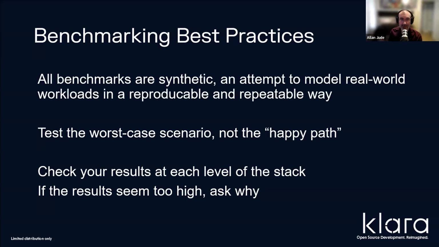Because all benchmarks are synthetic, right? We're attempting to model something that happens in the real world and eliminate some of the complexity to get a reproducible and repeatable way to test it, but it's never going to be perfect, right? We're always going to be making up the workload. And so we want to make it as difficult as possible for the machine so that the result we get is the worst case scenario.